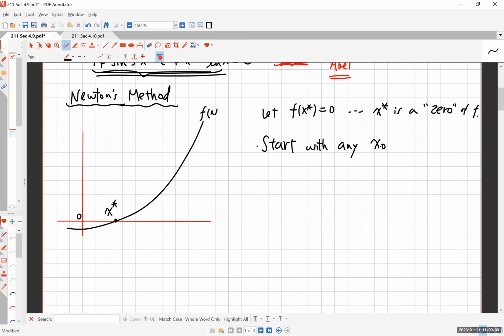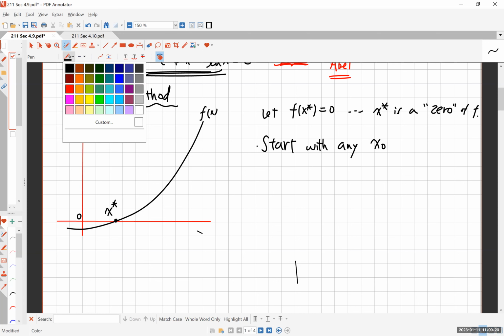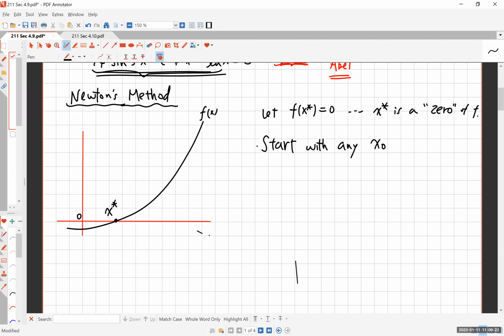point x naught, and so I am going to draw, let's go ahead and pick x naught to be right here. Oops, I don't have the right pen here. Yeah, okay, so let's say x naught is right here. All right, and so now what do we do with this?